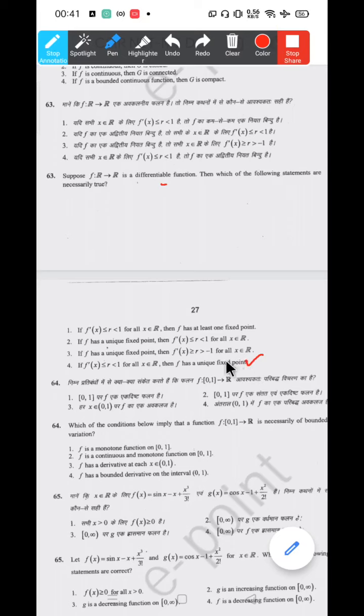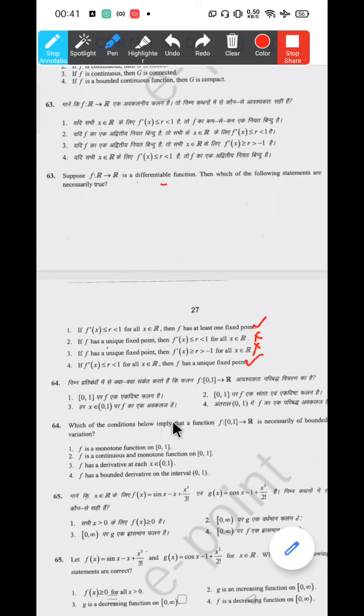If f has a unique one, at least one does come, so I can say that it's also. And its converse, no, this is not true. And what is this, greater than -1, no. So if a function is such, then it has at least one fixed point. It actually has a unique fixed point. Okay, let us see the next one here only.